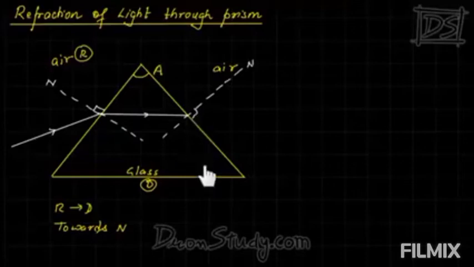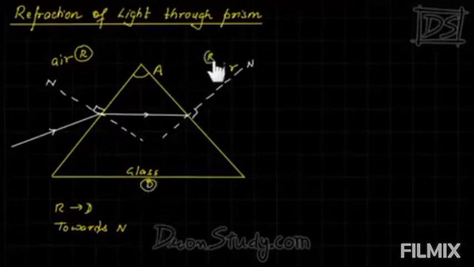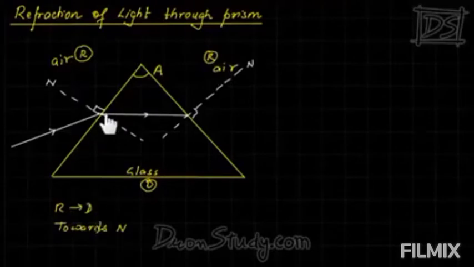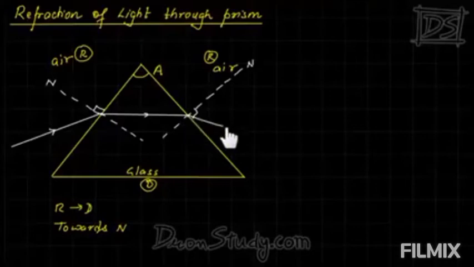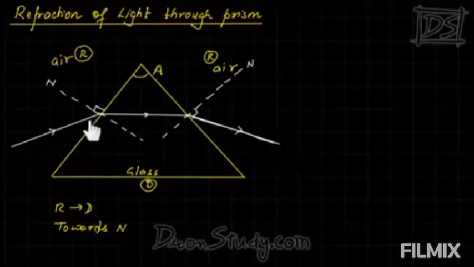Since air is a rarer medium, from denser medium to rarer medium, the ray must go away from the normal. Now we can draw like this. This light ray will go away from the normal. This dotted line is the normal.